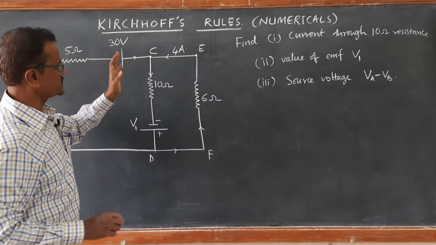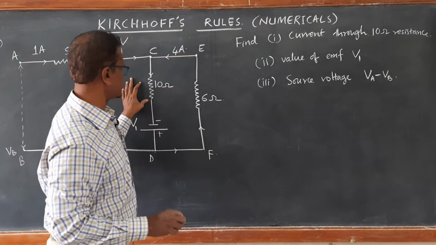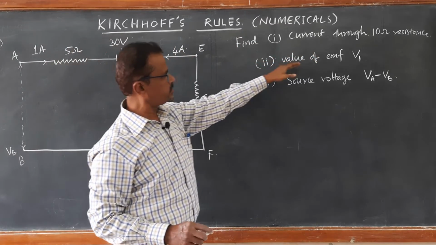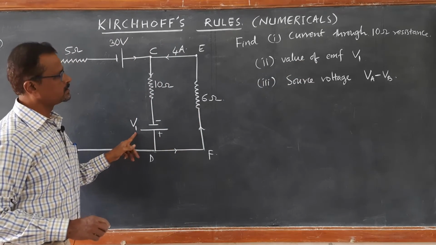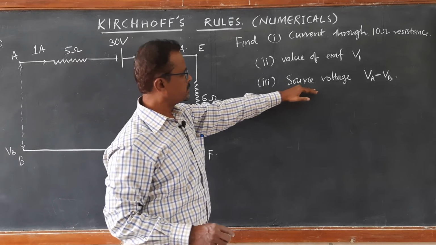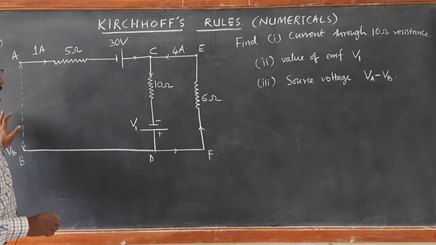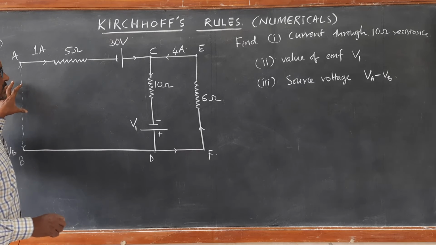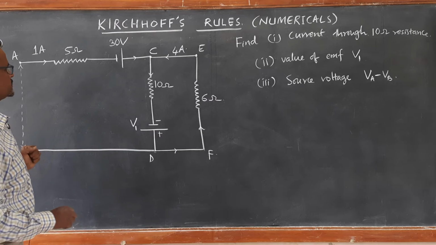First, you are asked to find out what is the current through 10 ohm resistance. Then what is the value of EMF V1 of this cell. And the third one, find the source voltage VA minus VB, meaning they are at different potential. There is a battery here. These are the three questions here.